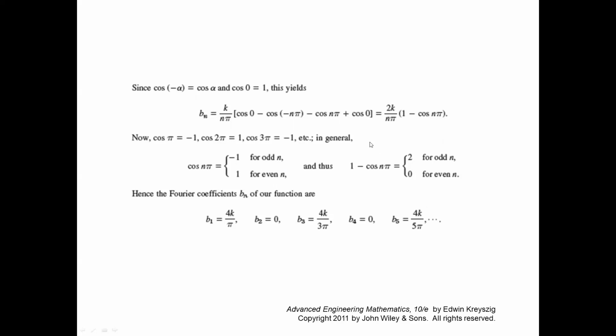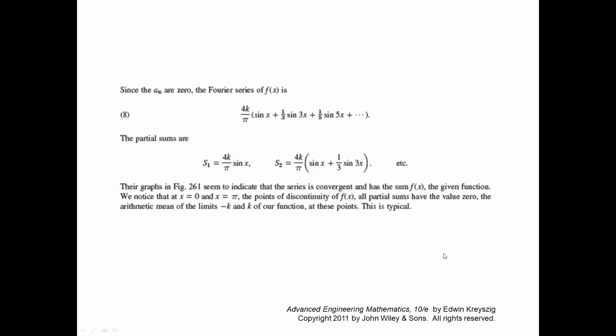Therefore, this factor becomes either 2 or 0. Substituting this result in this term, Bn can be obtained in the following way. And then the Fourier series representation can be expressed in this way.